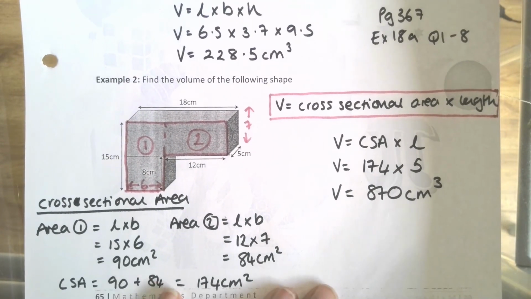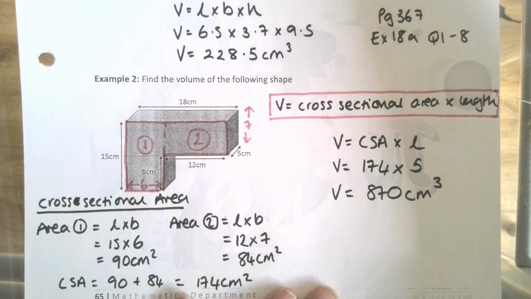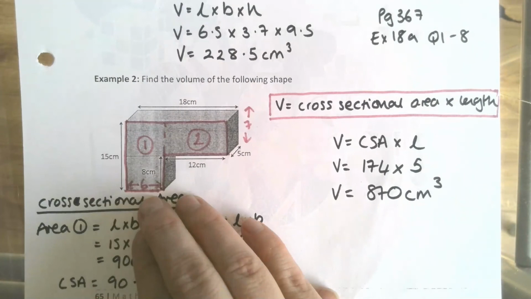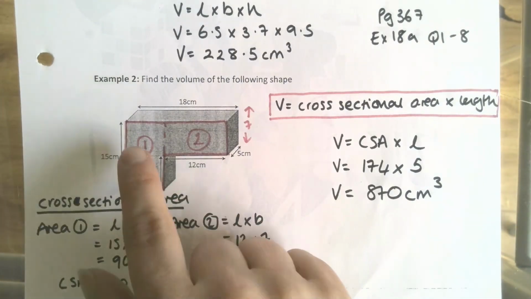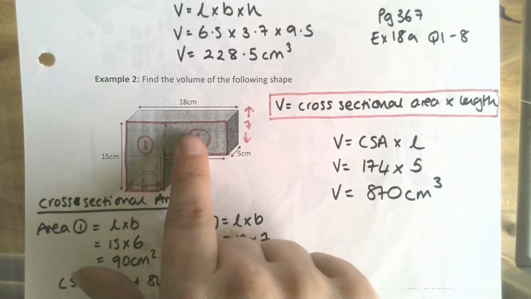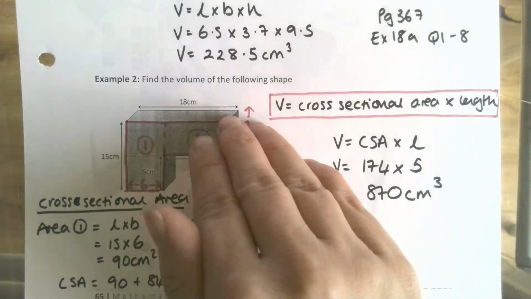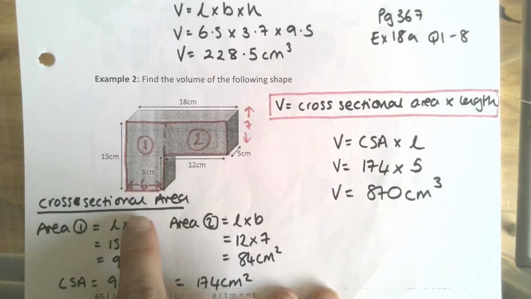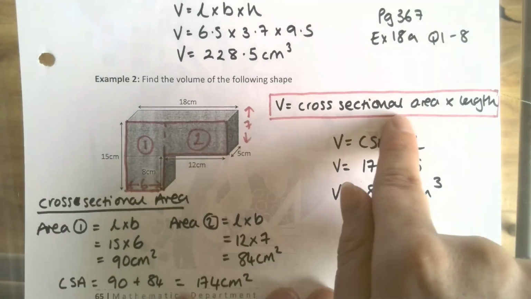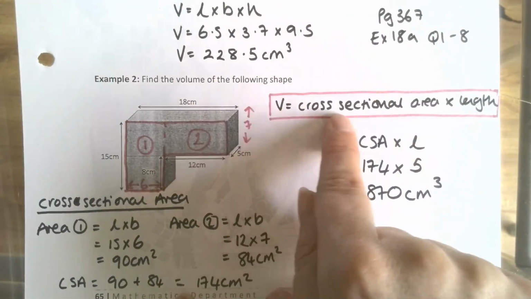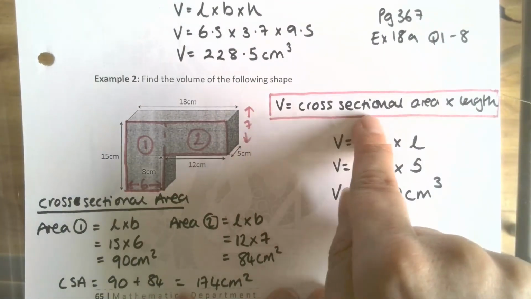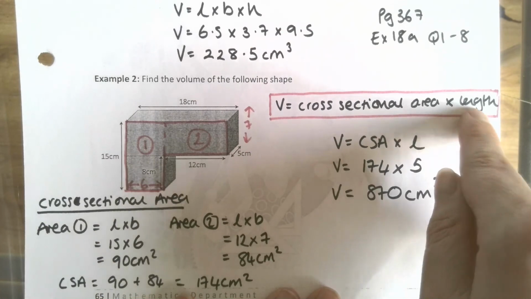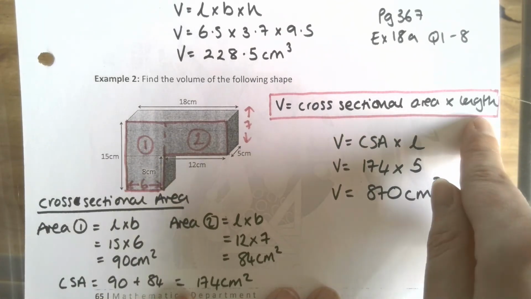So, if you're given a shape like this, this is how we did it, okay? So this is like a sideways L shape the whole way through, okay? So the equation that we're best using to calculate this is cross-sectional area multiplied by length or height, doesn't matter.